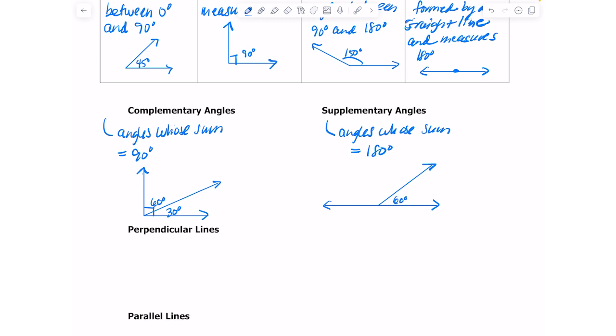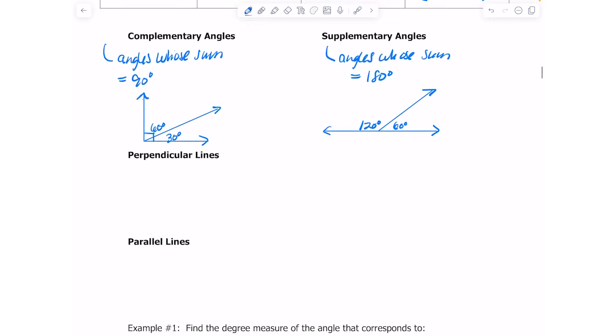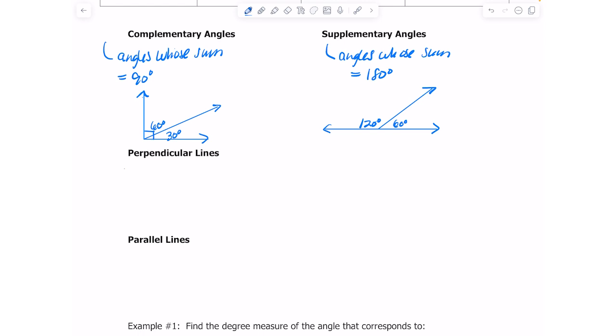If you're trying to find the angle that's supplementary to it, I would take 180 minus 60, and that leaves me with 120 degrees. Other examples of supplementary angles could be like 1 degree and 179 degrees, or 20 degrees and 106. Oh, I used that one. And 20 degrees and 160 degrees. Those could be supplementary as long as they add up to 180 degrees.